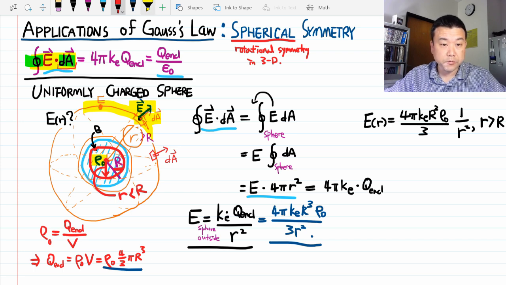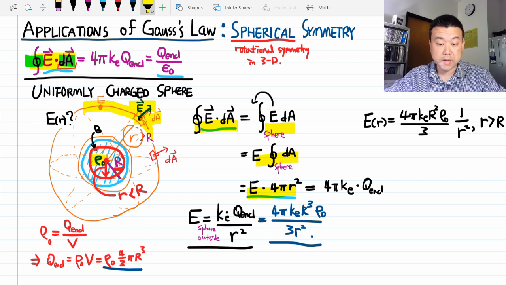Alright, let's step through the calculation we did. The left-hand side of Gauss's law, calculating the flux. The symmetry argument we made before continues to hold. So none of these steps are changing. Alright, so this left-hand side remains the same.